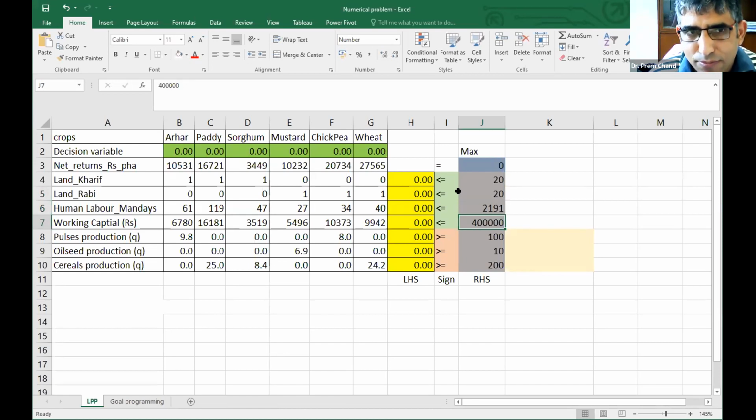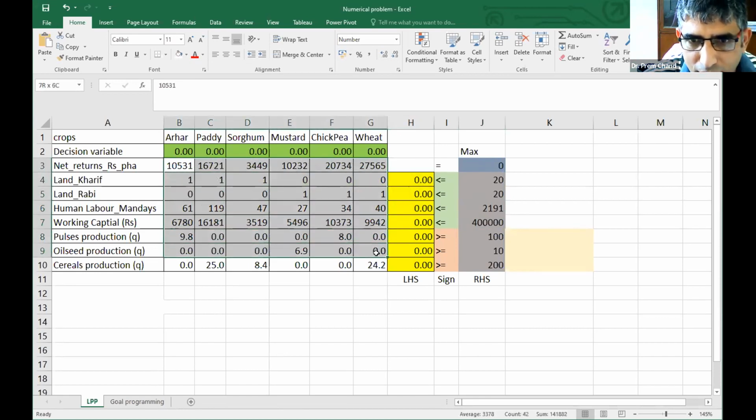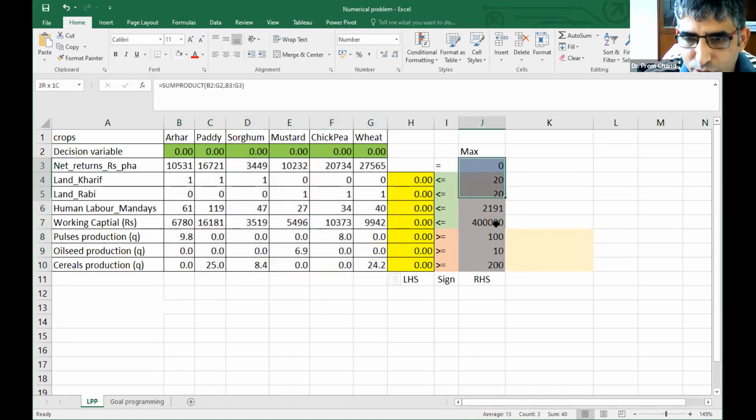So it has given me the working man days. I have converted into man days. Kindly remember that your left hand side and right hand side should have the same unit of measurement. You won't be able to solve a problem if you have different units.